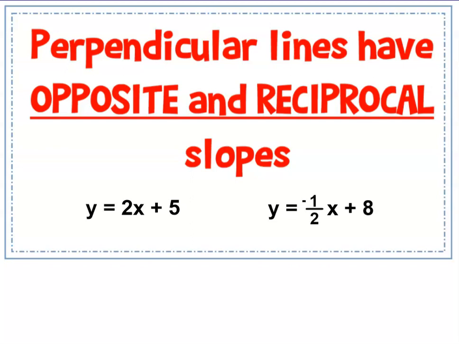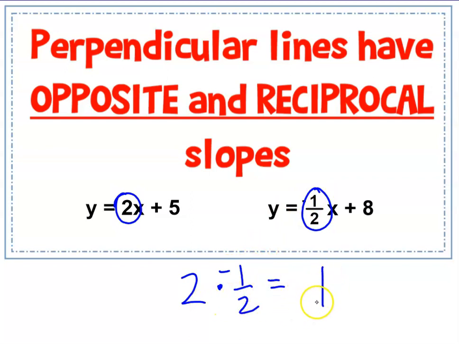Remember, opposite means one positive and one negative, and reciprocal means that you would have a fraction, or if you had a whole number, you could put a 1 underneath, and if you flip them over, it would be reversed. So the word reciprocal really means that when you multiply them together, like 2 times 1/2, the result will always be a 1.